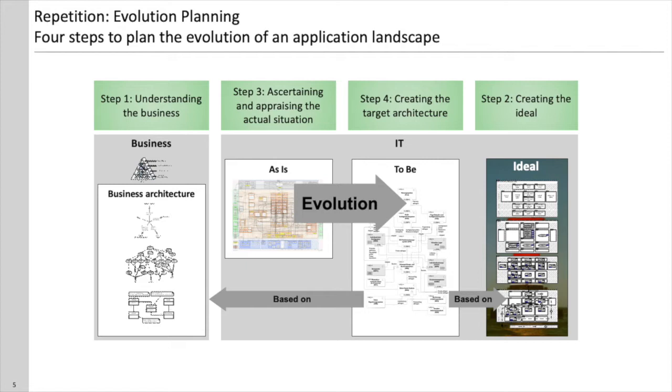If we have business on the left and IT on the right, what I told you back then, and what's a very important takeaway from the overall course, is that the first step is always to understand the business. Since service-oriented architecture is about structuring the business, and IT follows the structures of the business, obviously the first step is to understand that business.